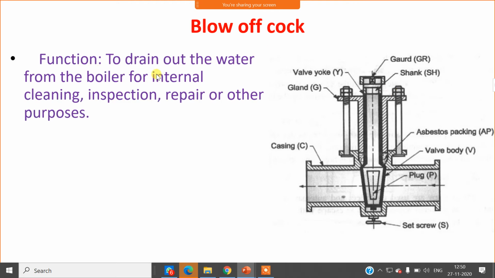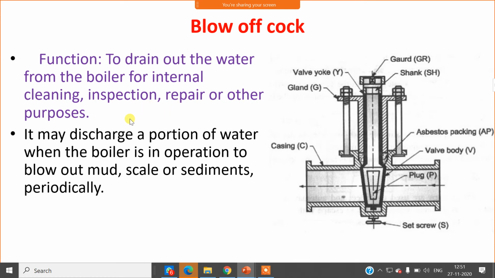The function of blow off cock is to drain out the water from the boiler for internal cleaning, inspection, repair or other purposes.